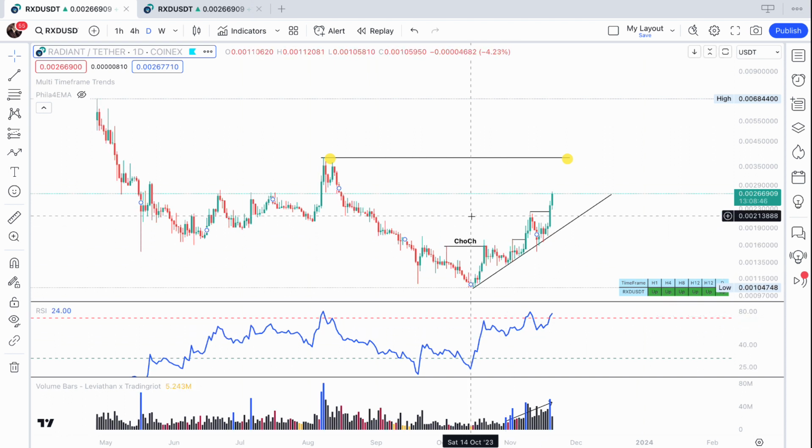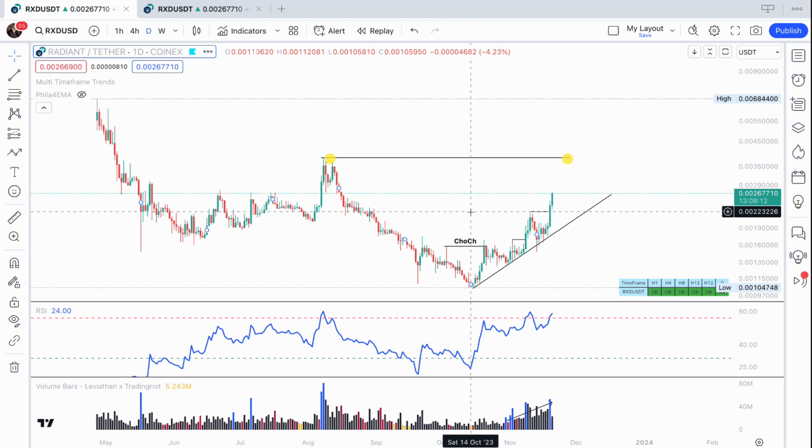Now, after I determined the larger uptrend and the larger trend and the daily trend, and I'm looking for entries, it is important to determine a target, meaning at least have a big picture idea about where you want to get out.